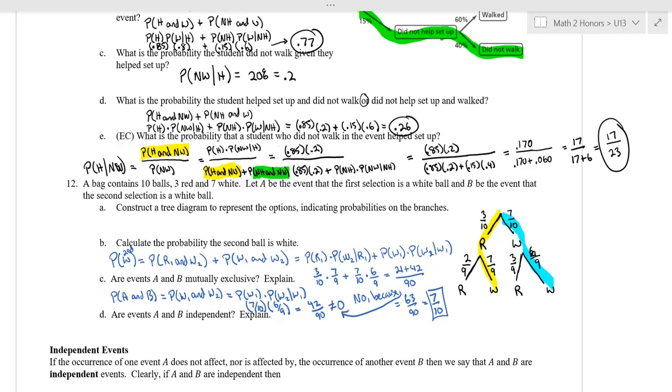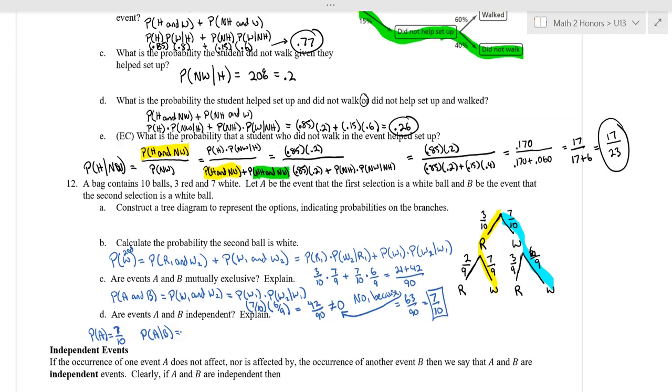Alright, are A and B independent? Well, we need to compare two things. What's the probability of A? The probability of A is the probability that the first one's white, so that's 7 out of 10. And now we have to look at the probability of A given B, which is, given the second one is white, what's the probability of the first?